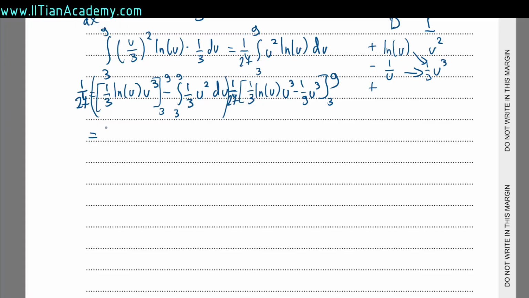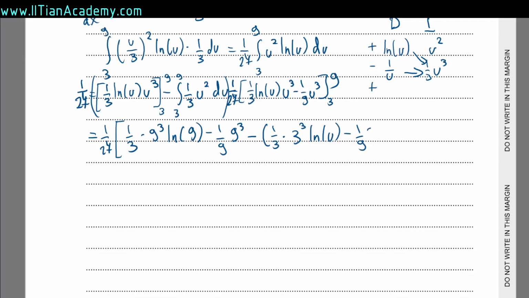So if I start plugging in, I'll have 1 over 27 at the start, and then I will have a 1 over 3 times 9 cubed times ln 9 minus 1 over 9 times 9 cubed, and then from this we subtract 1 over 3 times 3 cubed times ln 3 minus 1 over 9 times 3 cubed. So that's the result. And now we just need to evaluate everything here.